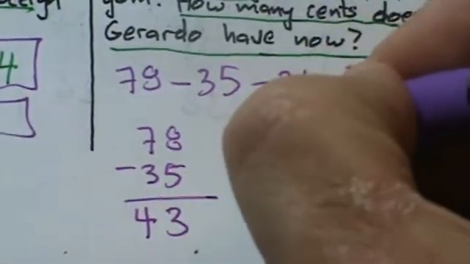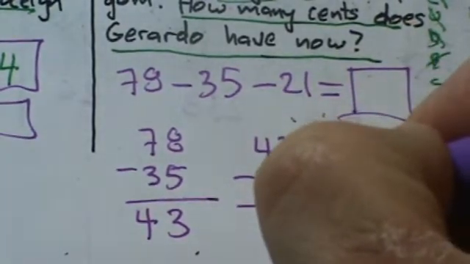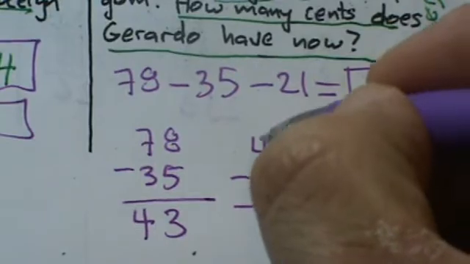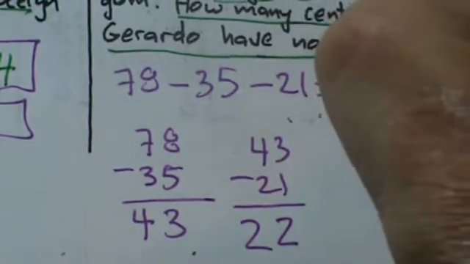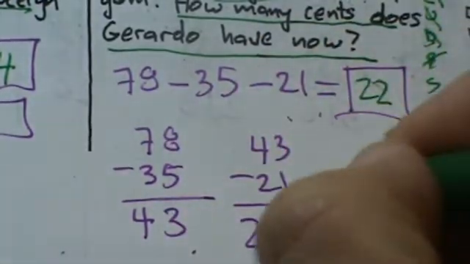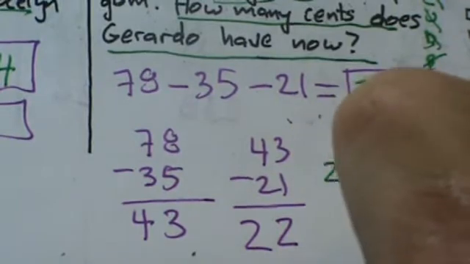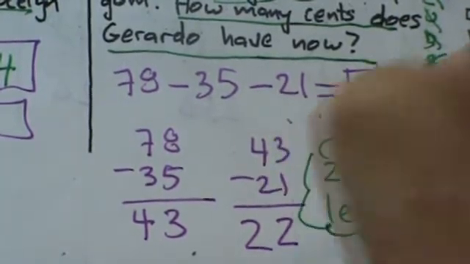So I have 43. Now it's 43 minus 21. 3 minus 1 is 2. 4 minus 2 is 2. So he has 22 cents left, or now.